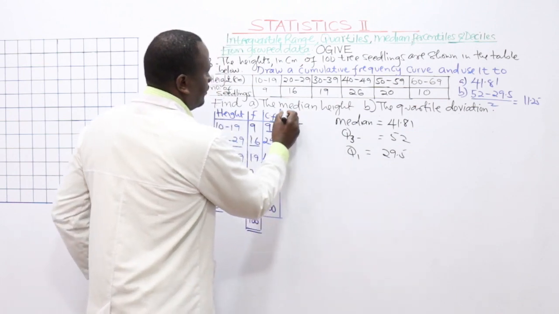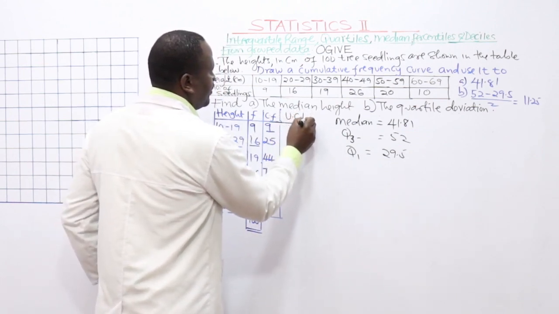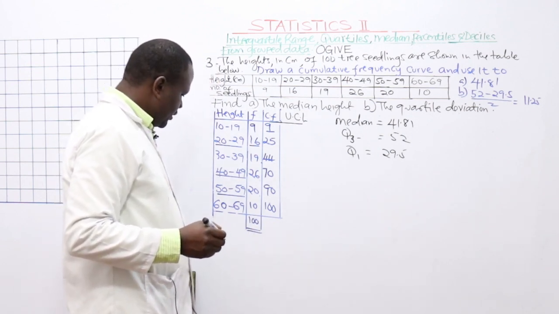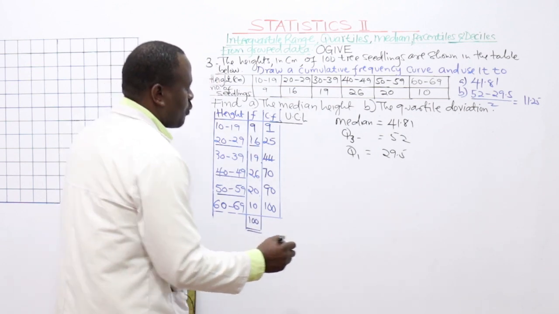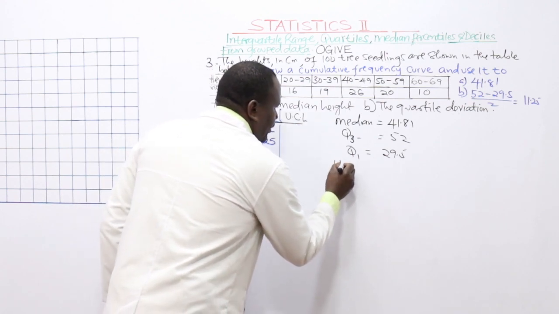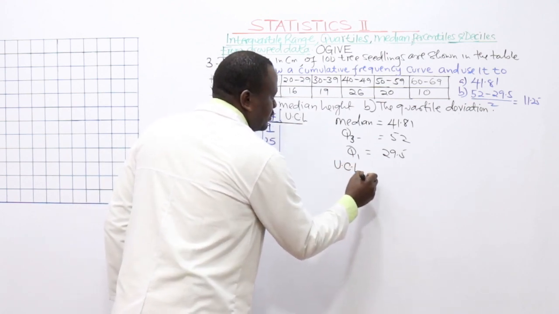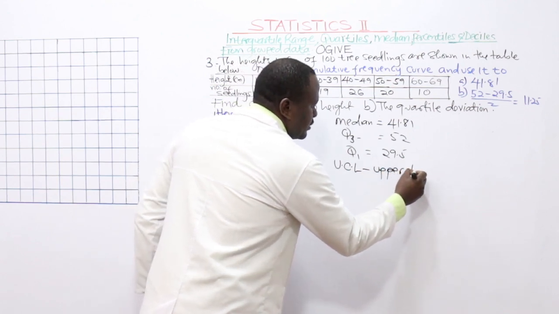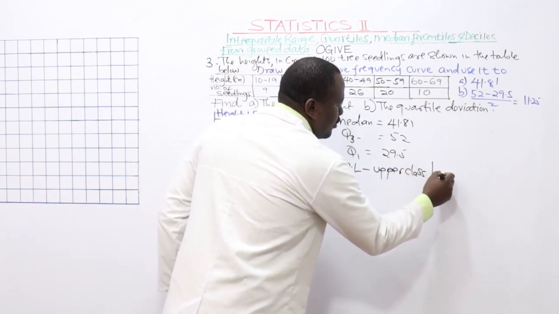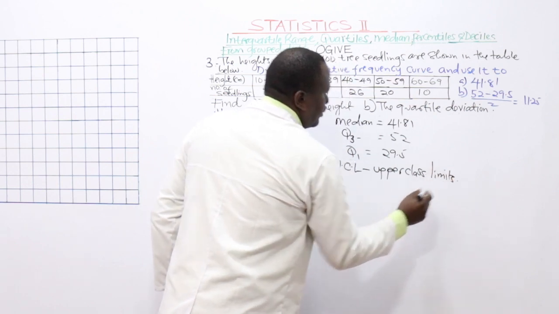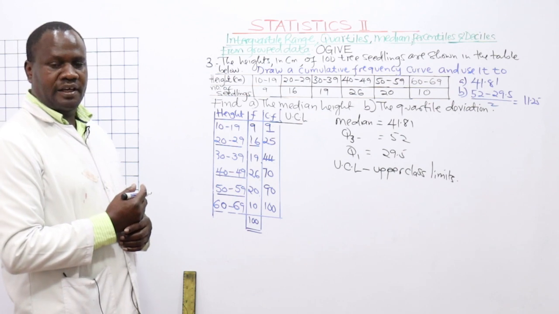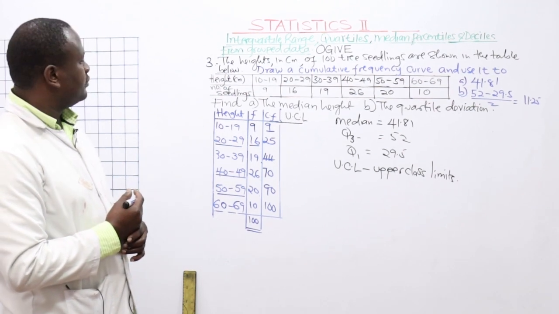The upper class limits mean the upper class limits of each class. But we should not forget the lower limit of the lower class.